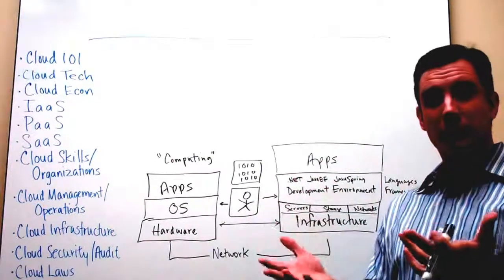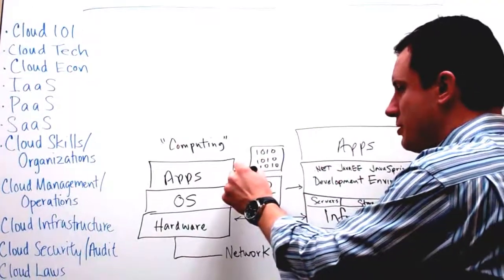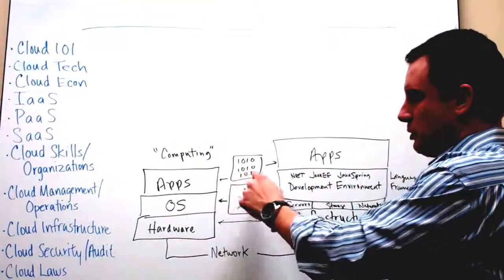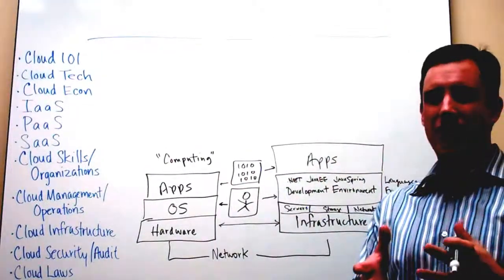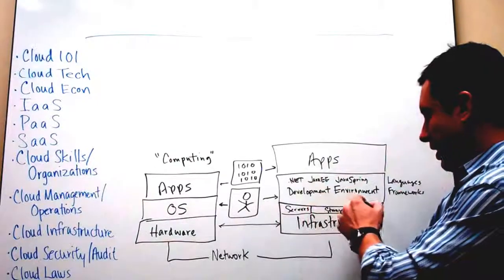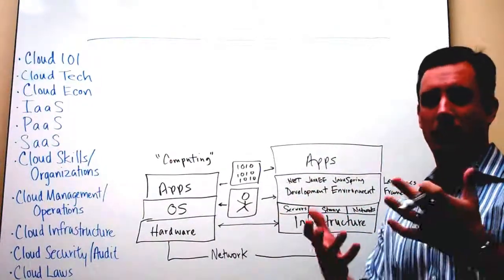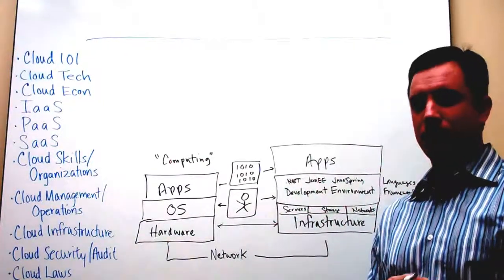They could be new applications that are written to be distributed. But again, the applications are the way that our users, whether those are individual human users or machine to machine, are going to interact with the application, and more importantly, they're going to interact with the data that lives down here in the infrastructure somewhere, okay, whether that's on a server or in a storage array or somewhere else.